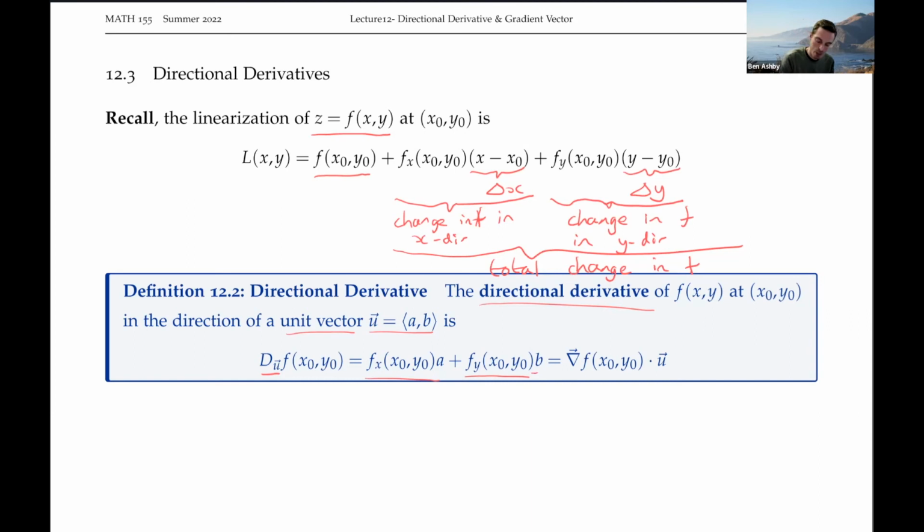And this is very similar to what we had up here, right? We've got our partial times our delta x, where our delta x has been replaced by an a. And then we've got this being added to our partial with respect to y, multiplied by b. So the b here corresponds to the y minus y0 up here. So these two things are very closely related.